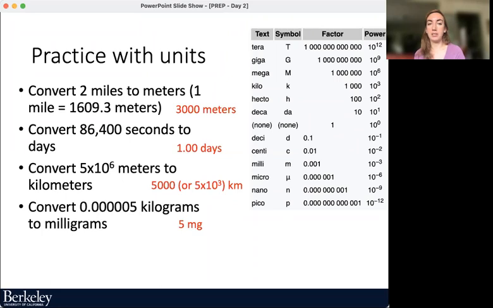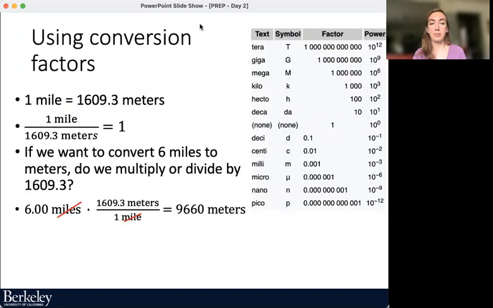So I'm gonna do the same thing I did before. I always think about it this way, where if I know the conversion factor, I make that into a ratio, which I know is 1. So 1609 meters divided by 1 mile is 1.